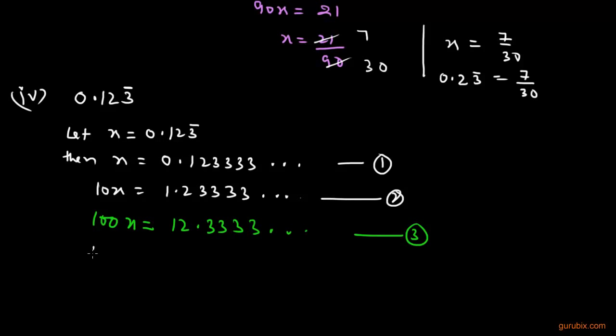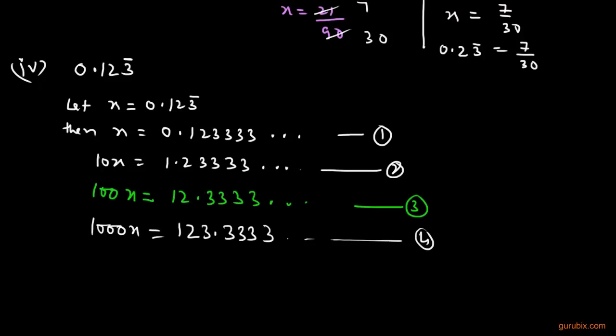We get 1000x equals 123.3333, and now the decimal parts of equation number 3 and 4 are the same, so we shall subtract equation number 3 from equation number 4.